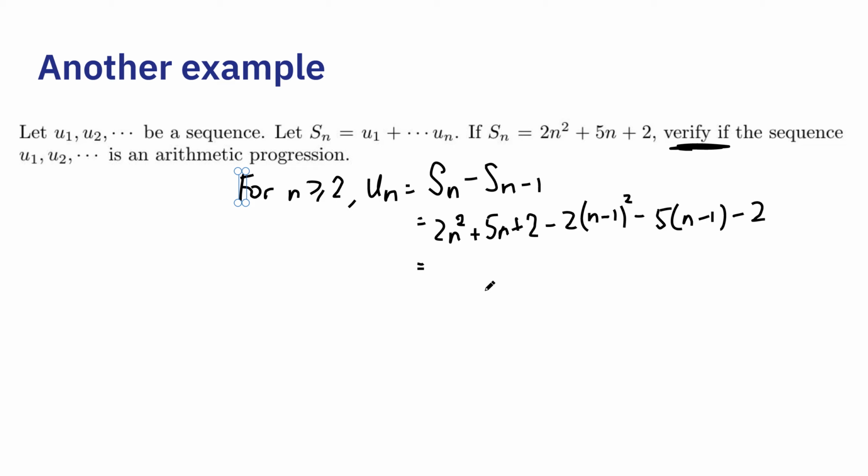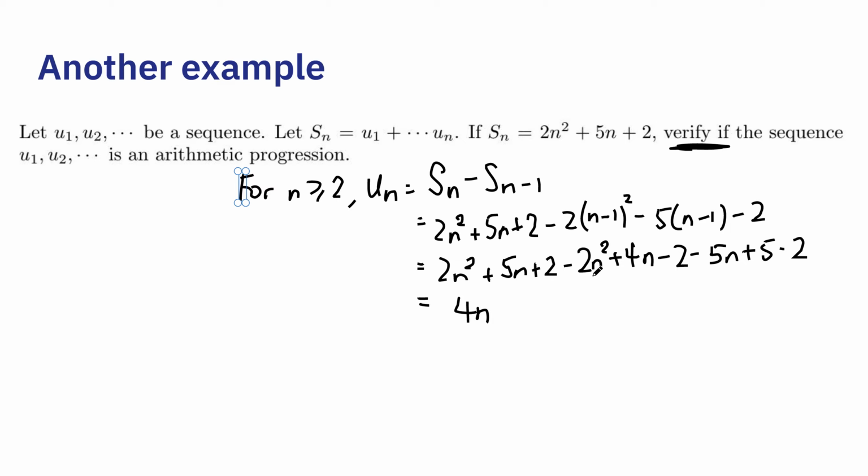And this will be equal to 2n squared plus 5n plus 2 minus 2n squared plus 4n minus 2 minus 5n plus 5 minus 2. And this would give us simply 4n minus 2.